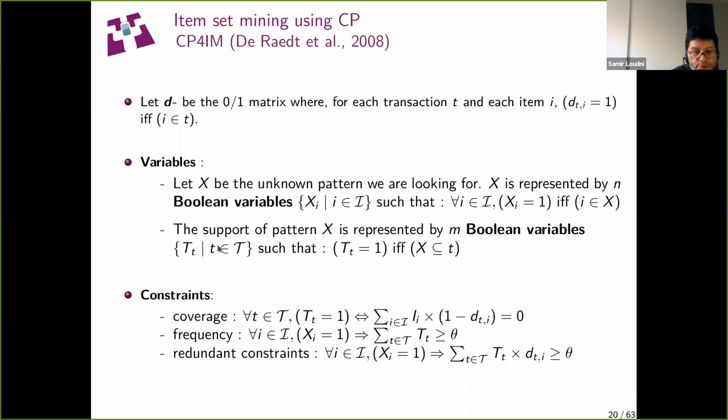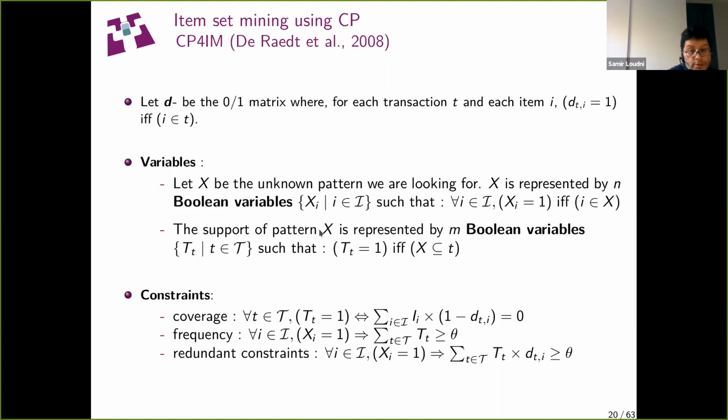For each transaction T, we introduce one Boolean variable, the transaction variable, to represent the fact that the item set X is present in transaction T. So if the transaction variable is equal to 1, this means that the item set X is included in the transaction T.